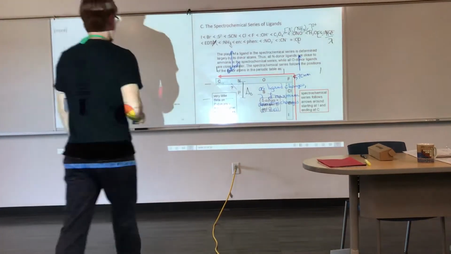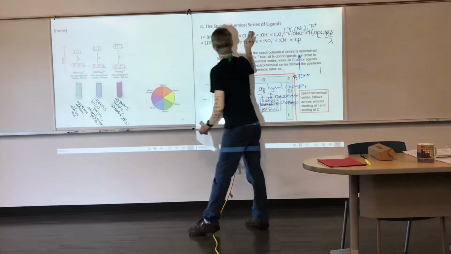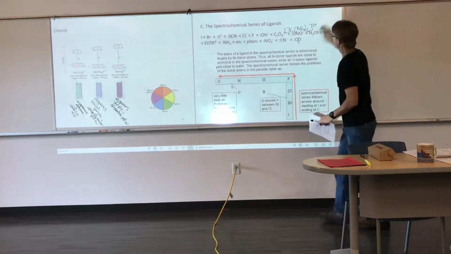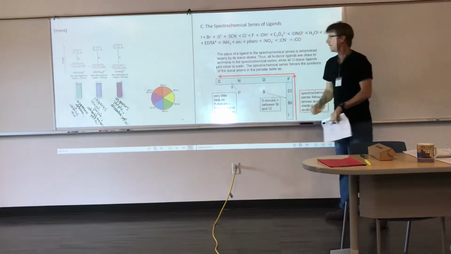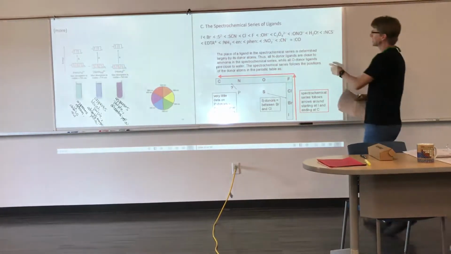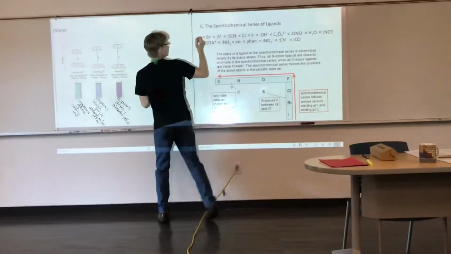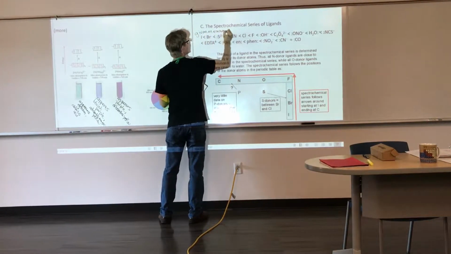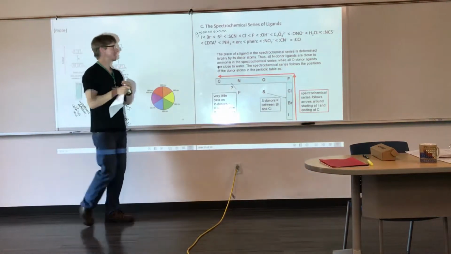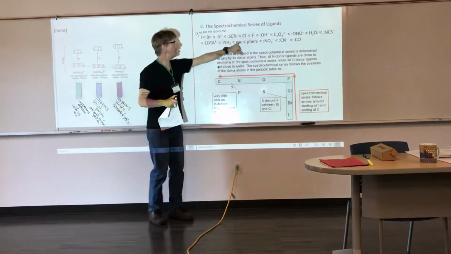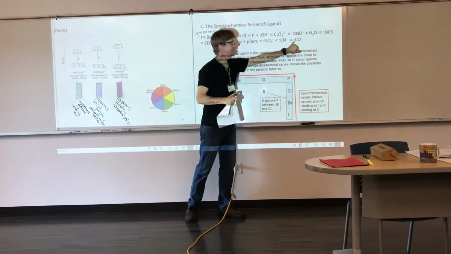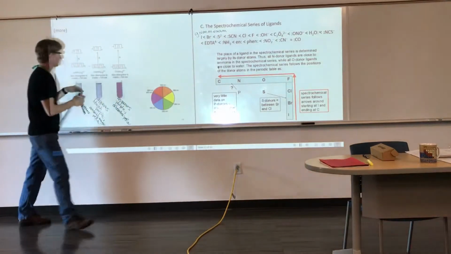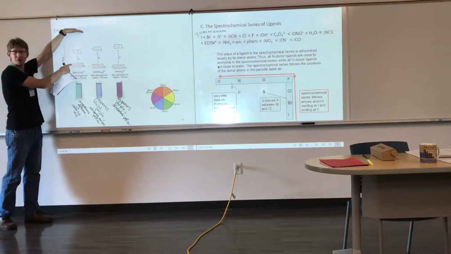Now we get to what's called the spectrochemical series of ligands. This is a list of ligands. You will be given this list as well. And what this means is that as you move from iodide all the way through to cyanide and carbon monoxide, the crystal field splitting gets larger and larger.